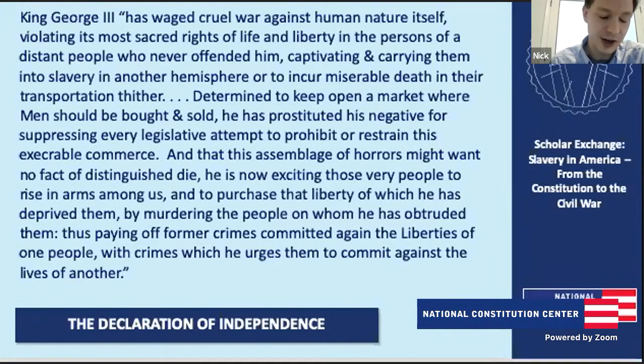Pennsylvania passed its gradual emancipation in 1780. Vermont acted in 1777 in its own constitution. So there's a real movement in those northern colonies inspired by this, because for a lot of revolutionaries, it does cause them to look internally and say, okay, there's a tension here.